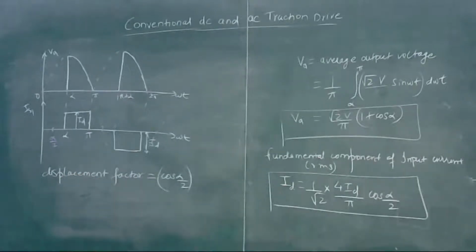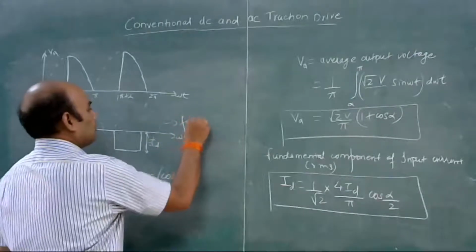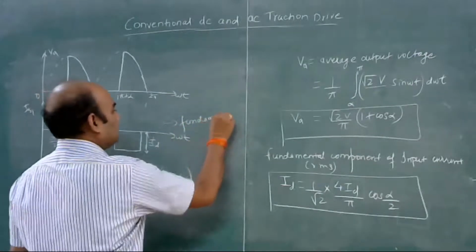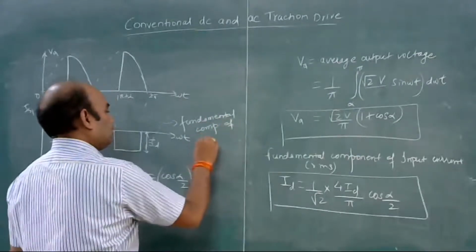So as alpha by 2 is increasing, the power factor will be lower and the current will gradually go down. So this is the fundamental component of input current.